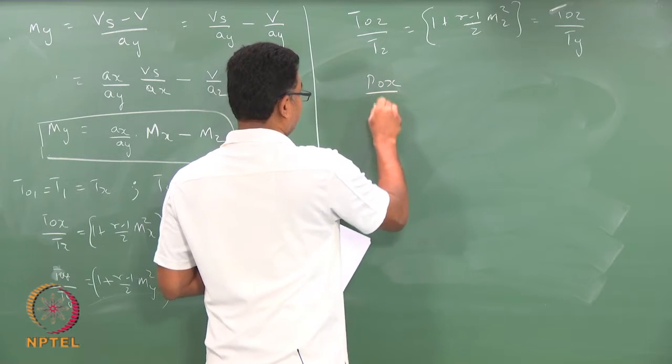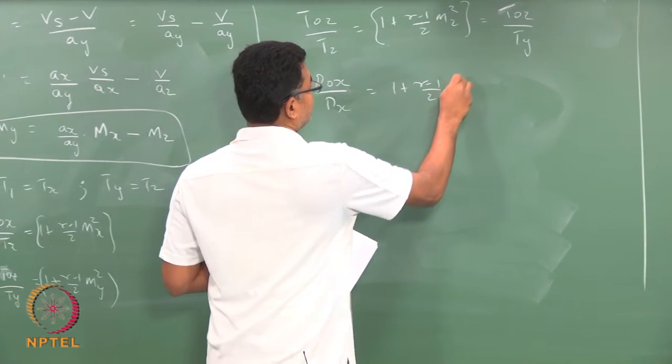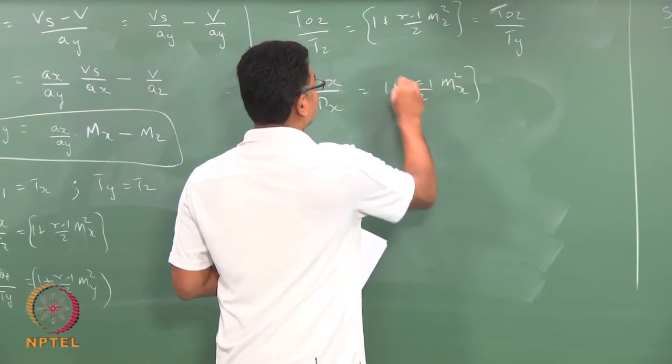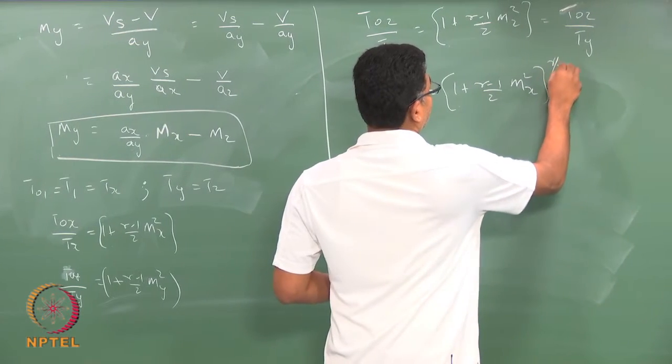P0x by Px is 1 plus gamma minus 1 by 2 Mx square to the power gamma by gamma minus 1.